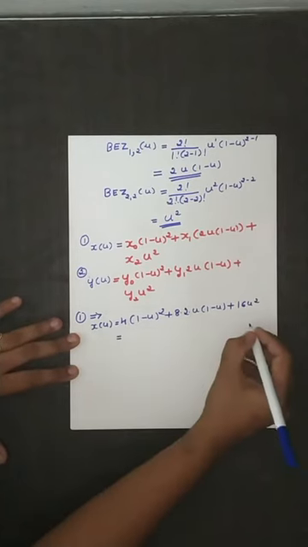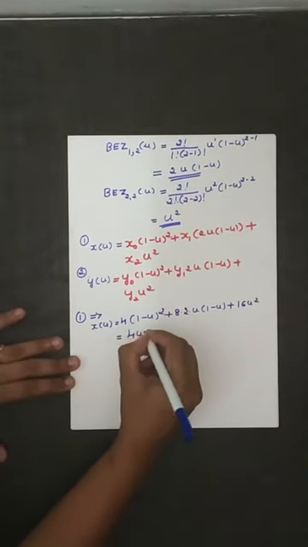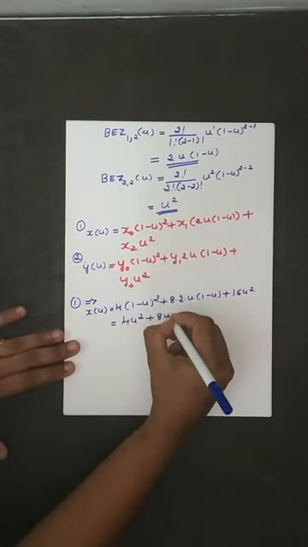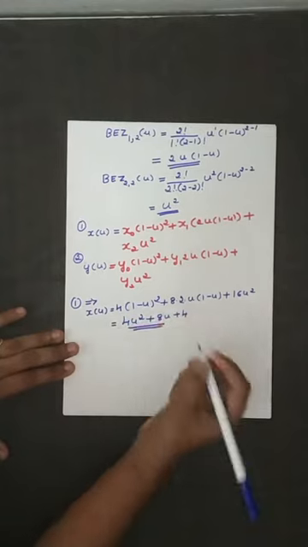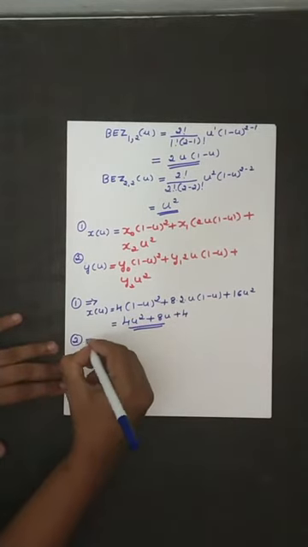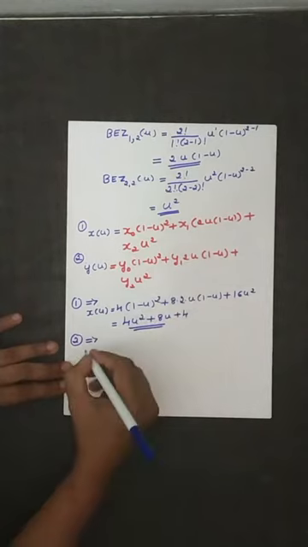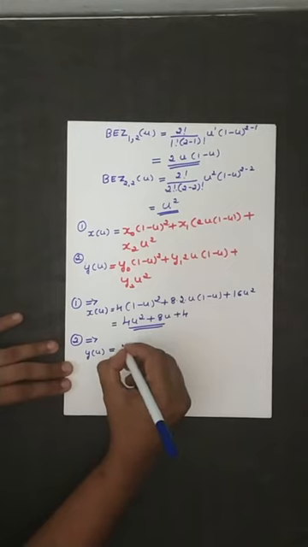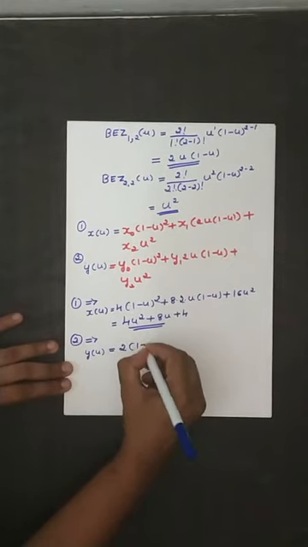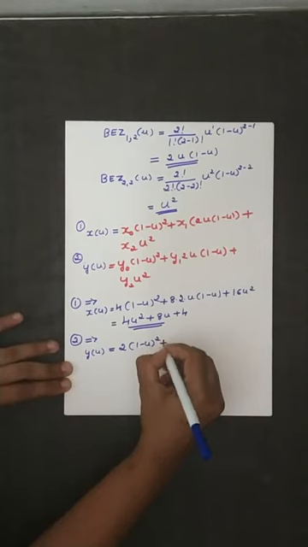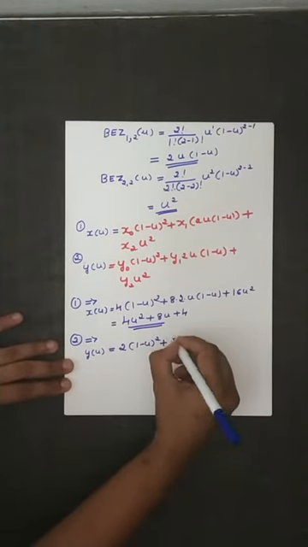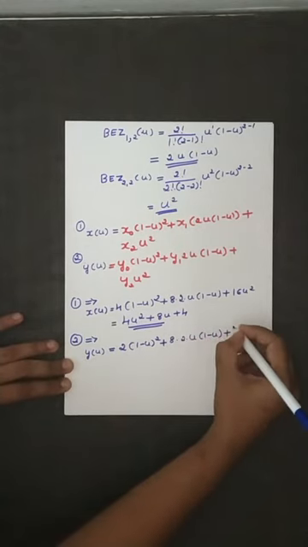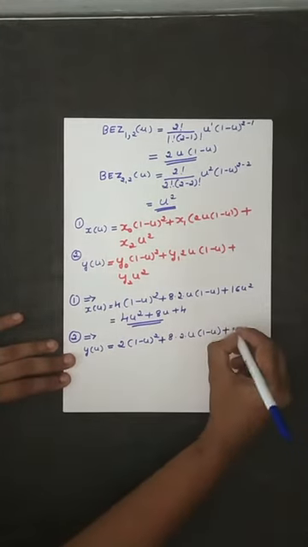Okay, solve this and you will get 4u square plus 8u plus 4. Similarly, the second equation: y of u, y naught is 2, then y1 is 8, then y2 is 4.